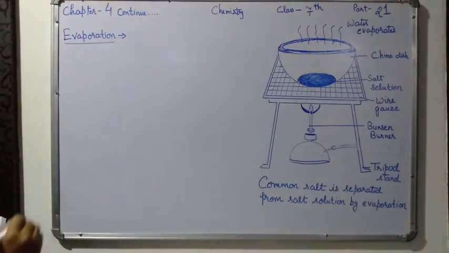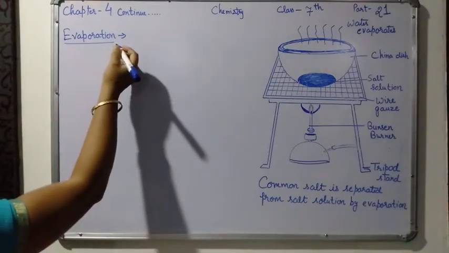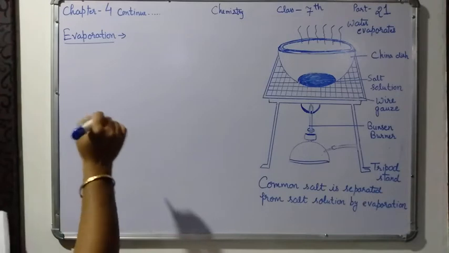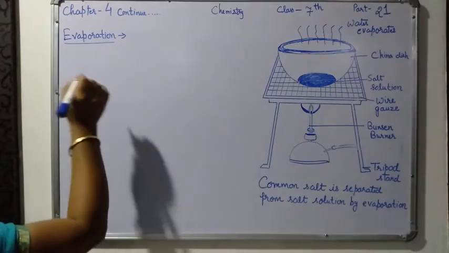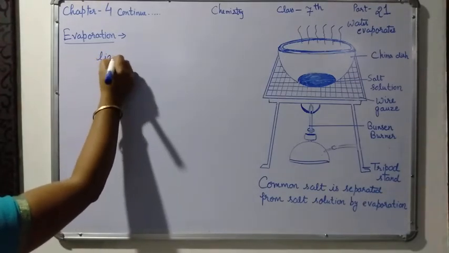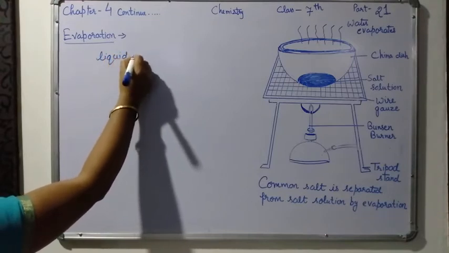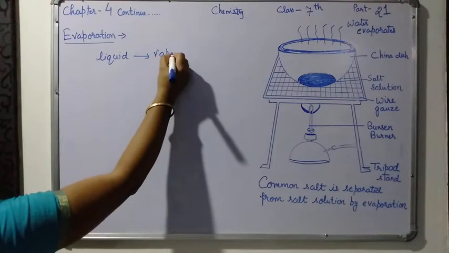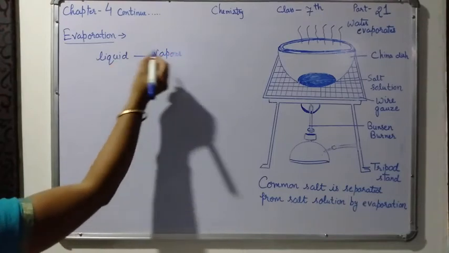Evaporation is the process in which a liquid changes into gas, the process of converting a liquid into vapor. So how do you change a liquid into vapor?